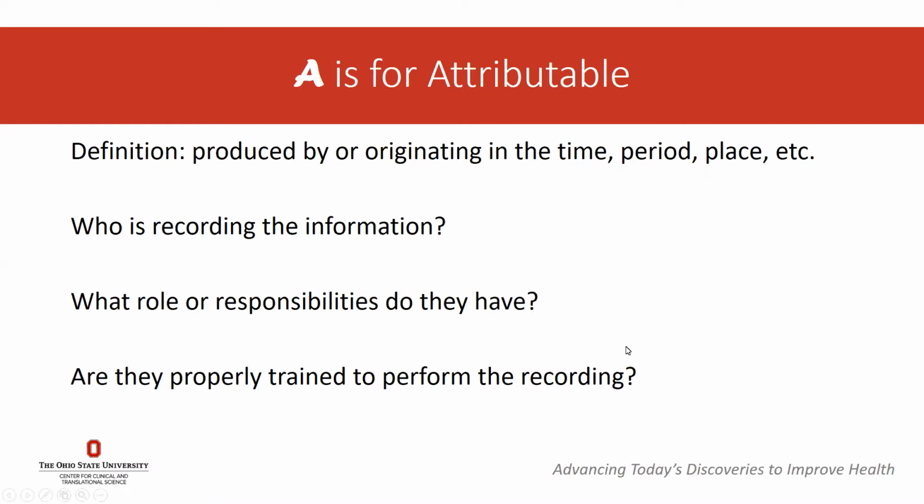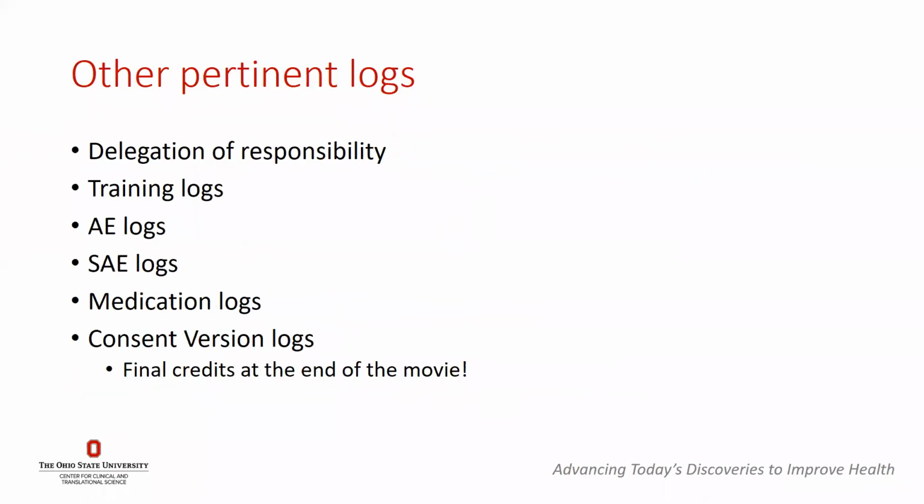And so that means attributable, whether it be the PI, whether it be a coordinator. You just have to make sure that it's recorded somewhere. So other logs where you might be putting down who is working on the study are your delegation of responsibility, delegation of authority. They tend to be used interchangeably.